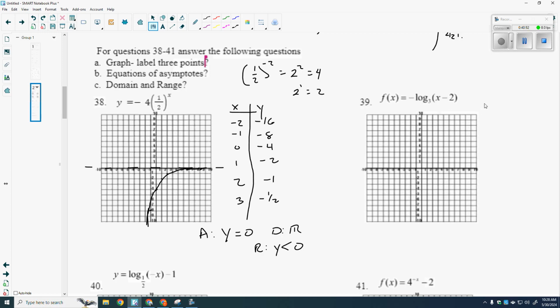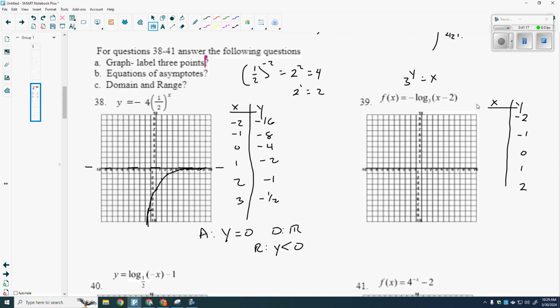Okay. I'm going to switch forms. 3 raised to the y power equals x. I'm going to plug in values for y this time because y is now in the exponent, not x. So I'm doing this one a little different than we did over here. This one I just made a table and plugged in points.